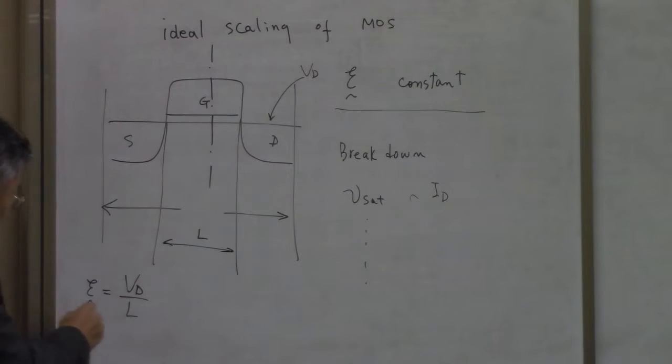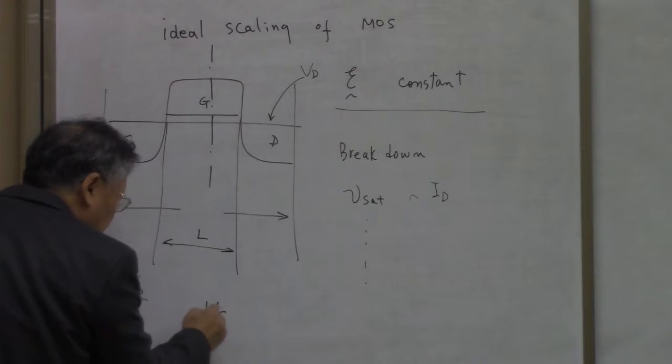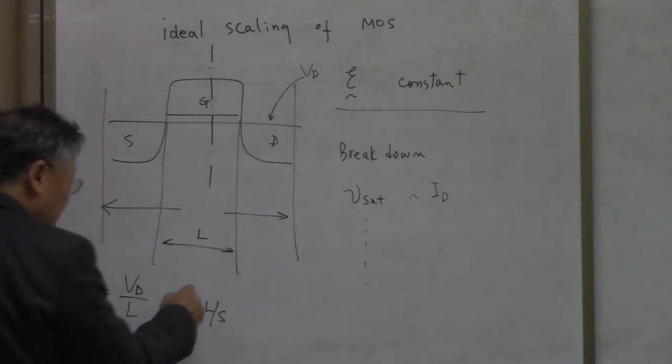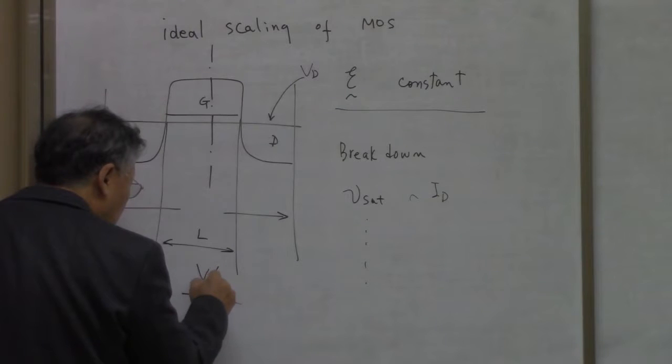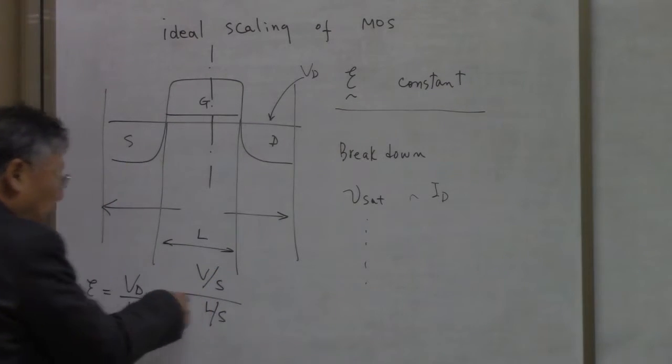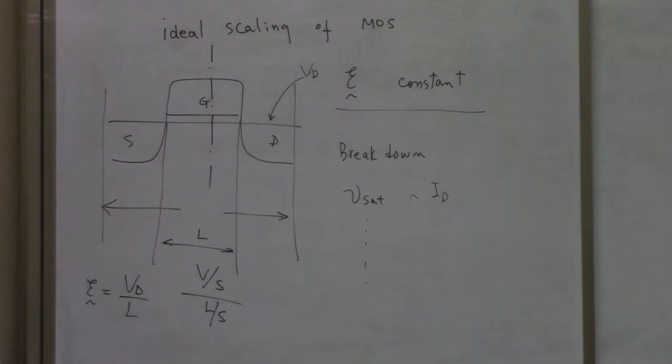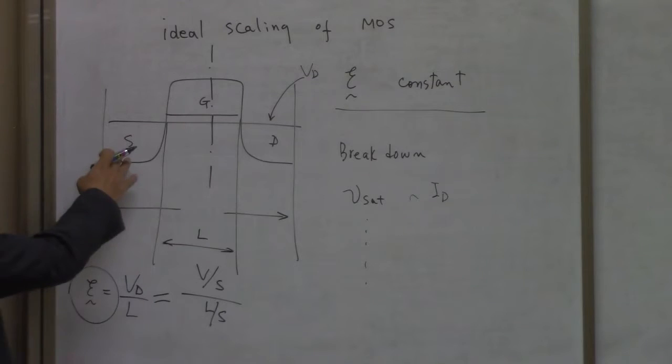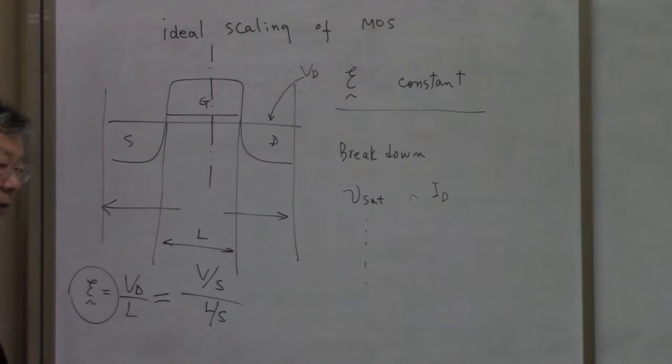So if you scale down the L by some factor S, then you want to reduce the drain voltages by the same factor to keep the electric field constant between source and drain. Okay, that is the basic principle.